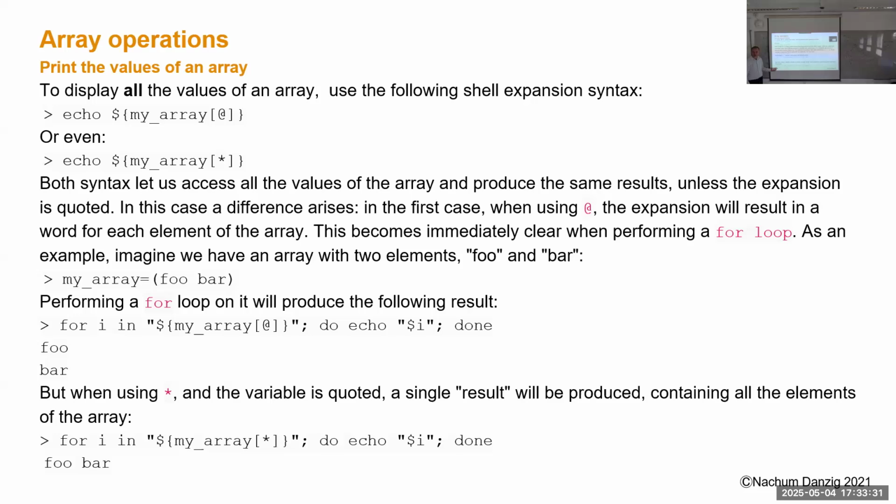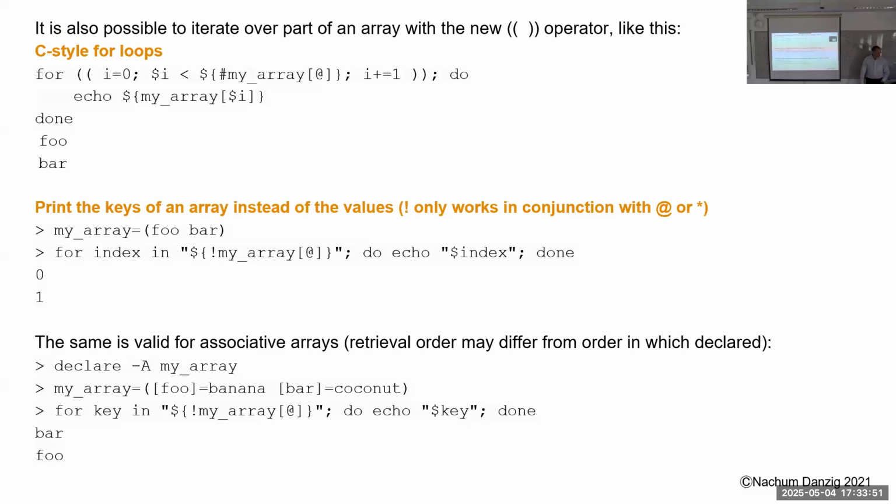So it'll treat it as one element and the loop will only run one time. But here, even though I had quotation marks, it knew to treat each element as a separate item. That's the difference. A subtle little difference. In fact, most of today's lecture is about subtle little differences.